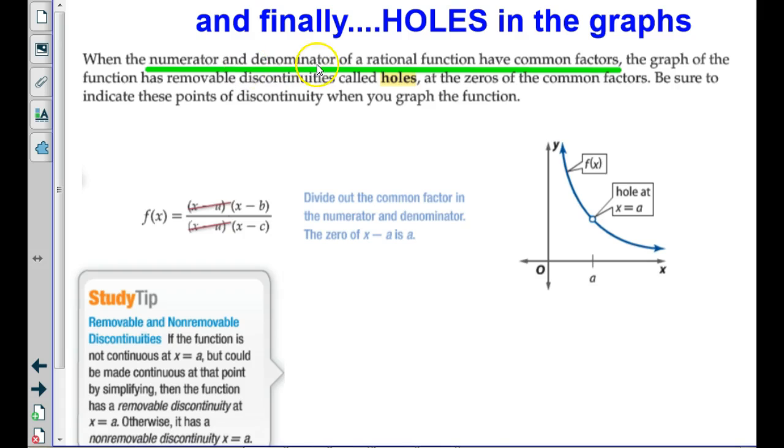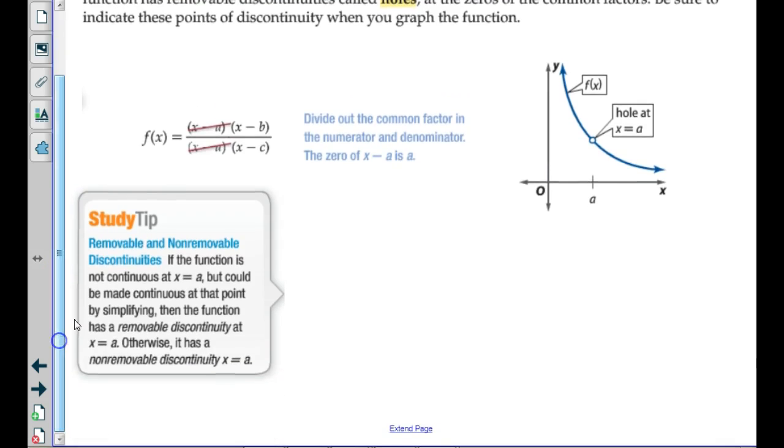When the numerator and denominator of a rational function have a common factor, then there is a hole, okay? So if this had the same factor top and bottom, it is called removable or non-removable discontinuity. It depends.